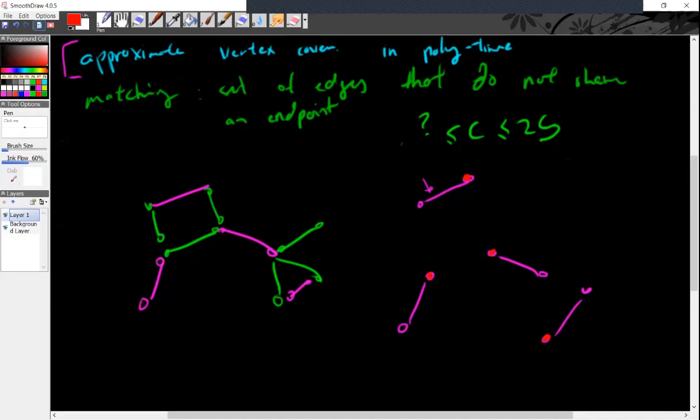The reason this is the case is because they don't share endpoints, so you can't use one node and recycle it for two edges. So every edge here needs to at least have one endpoint covered.